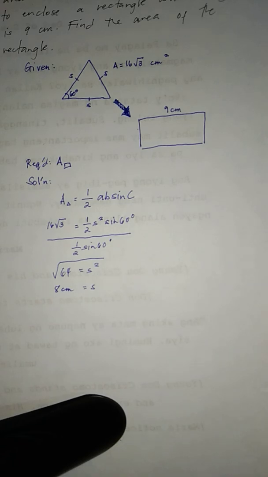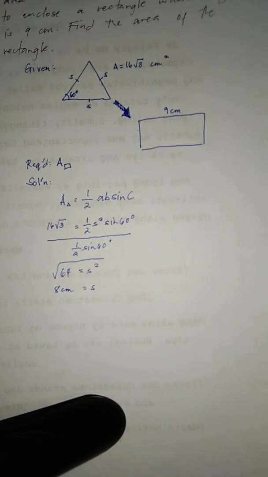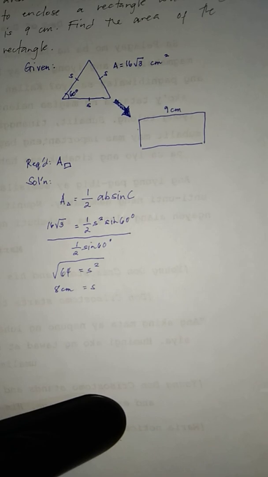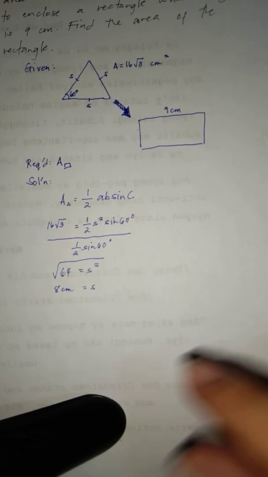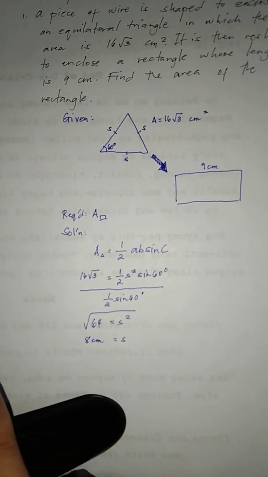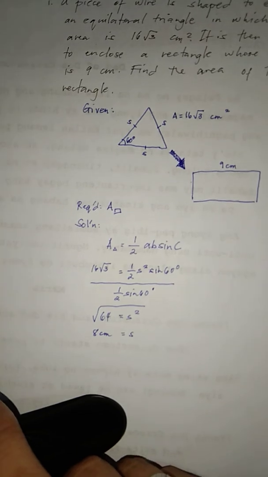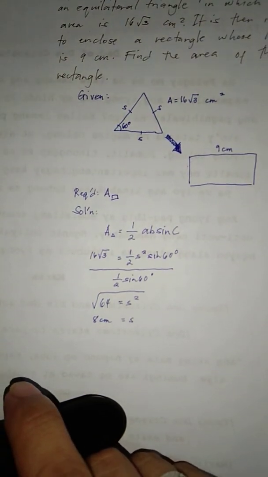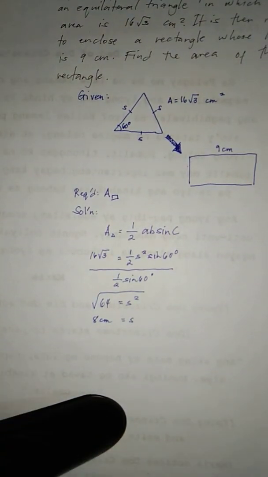So we now have the dimensions of the equilateral triangle. Now, how is it related to the rectangle? Remember that the triangle and the rectangle are made of the same material, that is the piece of wire. So regardless of its shape, the length of the wire should be the same, whether it's a triangle or a rectangle.